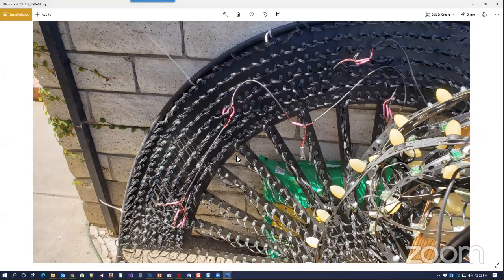It could be anywhere in the chain of power. In this example, this is the exact arch that I was referring to throughout the presentation, and you'll notice that my power injection is right in the middle. Also, as I've talked about before, and I think Bill showed it, between every 100 pixels I put power injection.